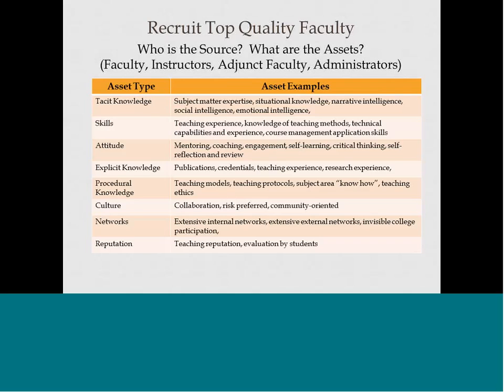The cultural issues here are faculty must be collaborative. They must prefer little risk in order to advance the area of knowledge that they work in. They also need to be community-oriented. The faculty member sitting in an ivory tower in an office who doesn't communicate with other colleagues or students is not likely to contribute to undergraduate education at a university.